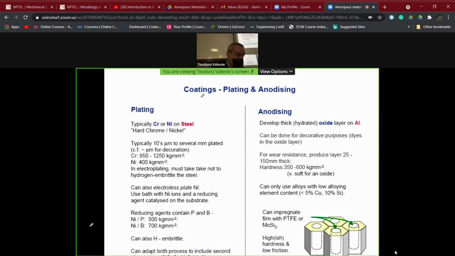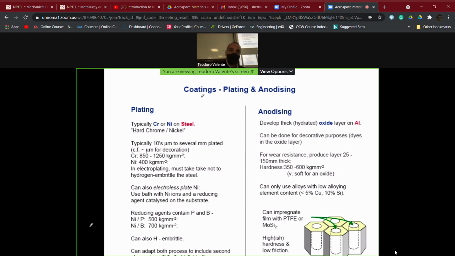by using electrolytic-based methodologies, okay? And they are very common for components, not essentially for high-performing components, but in order to increase, for example, with hard chromium plating, the wear resistance of the surface, or with anodizing on aluminum alloys in order to increase the electrochemical-based corrosion resistance of aluminum alloys.